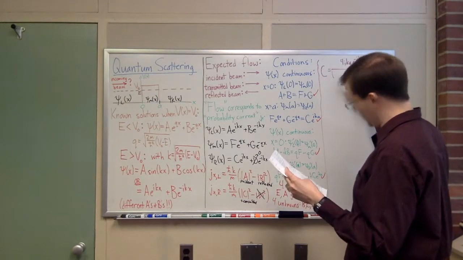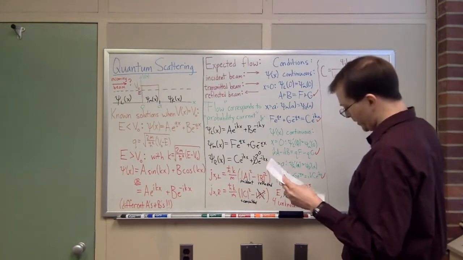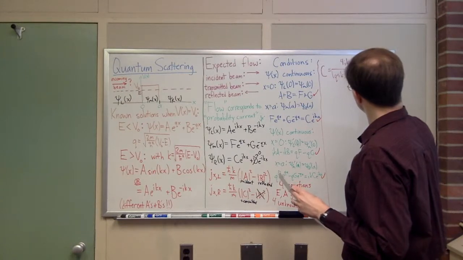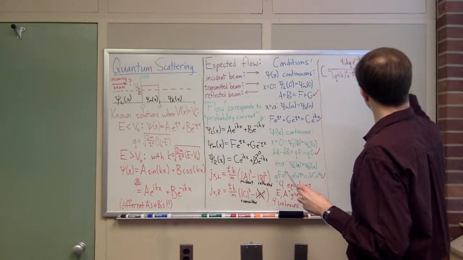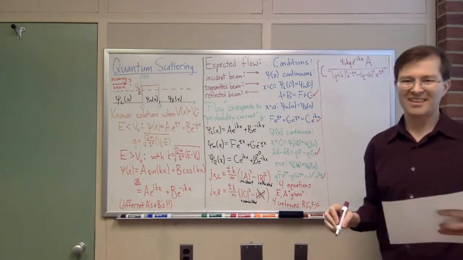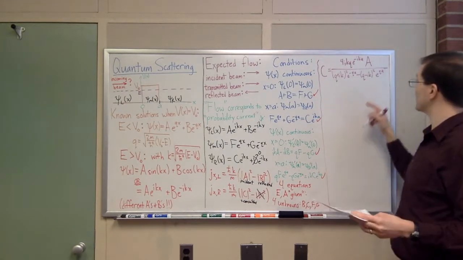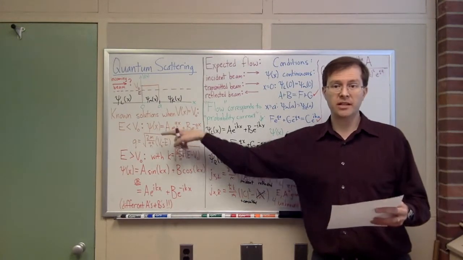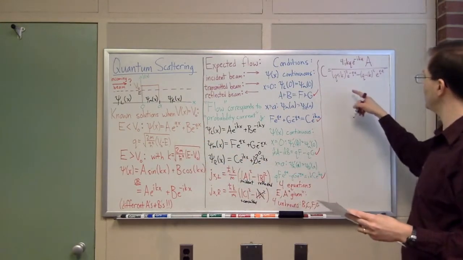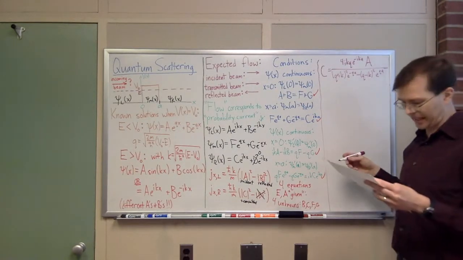As simple as I could make it look, (Q plus iK) squared e to the minus Qa minus (Q minus iK) squared e to the plus Qa. That's my C coefficient. But you can see I've got an answer in terms of A was given, K and Q are given in terms of the energy and the V naught and the other given things in the problem. And this is all in terms of those given quantities. I've got a result for C.